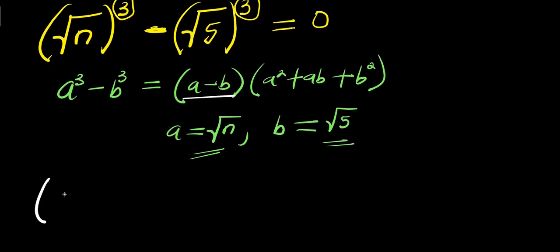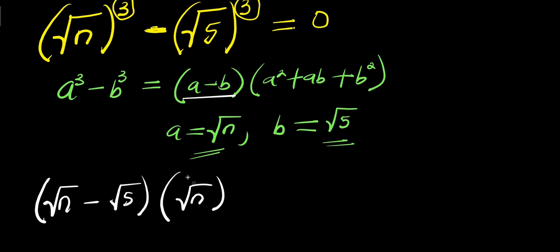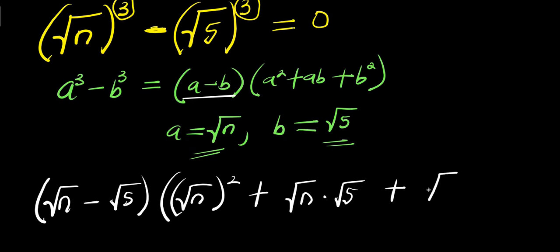Now let's insert them into this particular identity. A minus b, we have square root of n minus square root of 5, times a squared, that is square root of n raised to the power of 2, plus square root of n times square root of 5, plus square root of 5 raised to the power of 2. This equals 0.